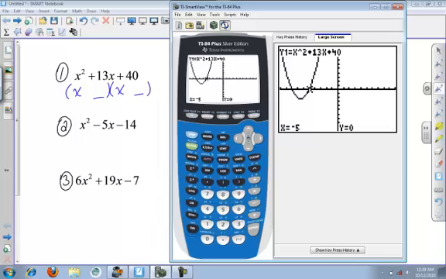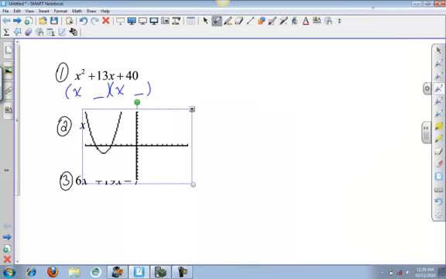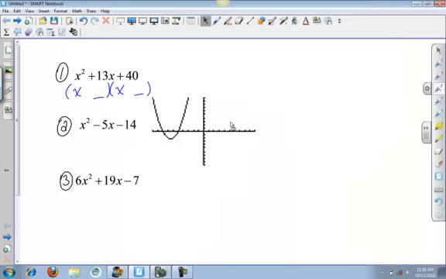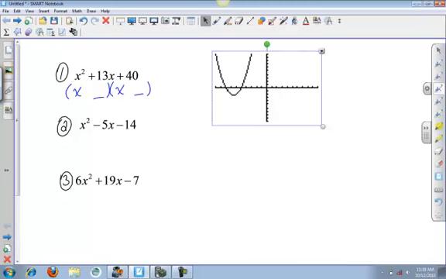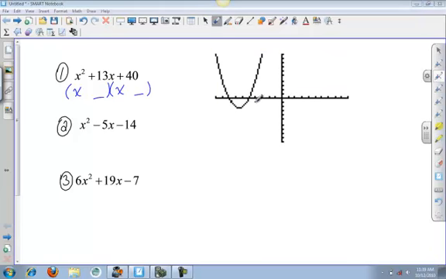And I'm going to calculate a value when x is negative 8, just to verify. So we do have x-intercepts at negative 5 and negative 8. I think I may have said positive 8, but I meant negative 8.